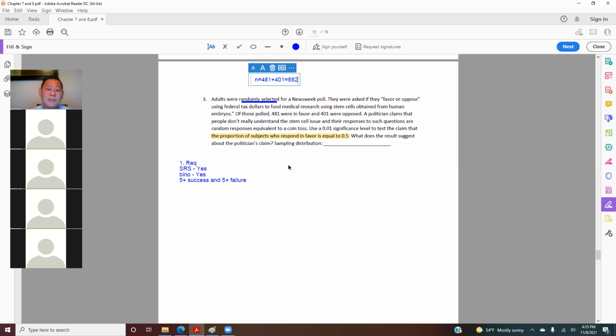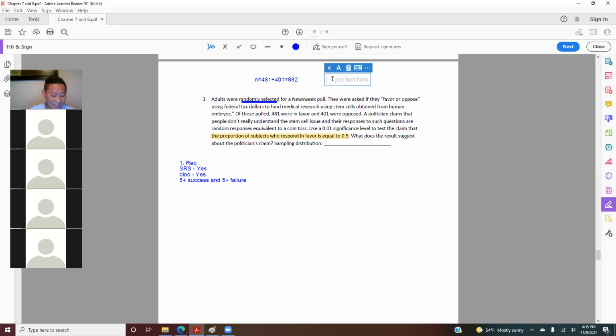If you say you're opposed to stem cell research, the other person is totally independent, based on his or her own thought. Third, there are 2 outcomes: either you are in favor or you oppose it. And the last one is that the probability is the same, so that would be 50-50. So in this case, the binomial will work.